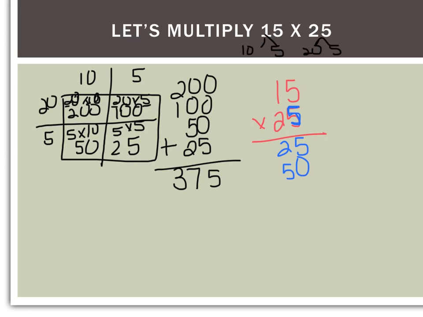My next step is to multiply my 2 tens, or 20, times my 5 ones to get 100, since 5 times 2 is 10, and 1 extra 0 makes 100. And then my 2 tens, or 20, times 10 to get 200. I add my partial products to get 375.